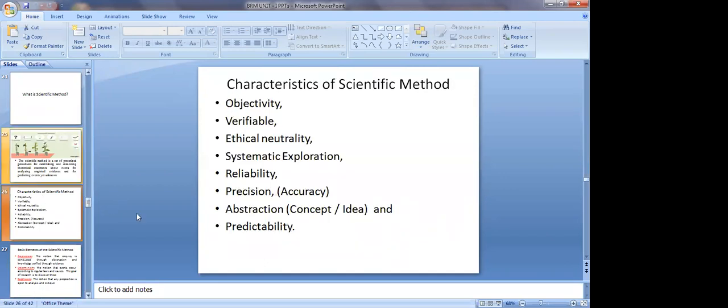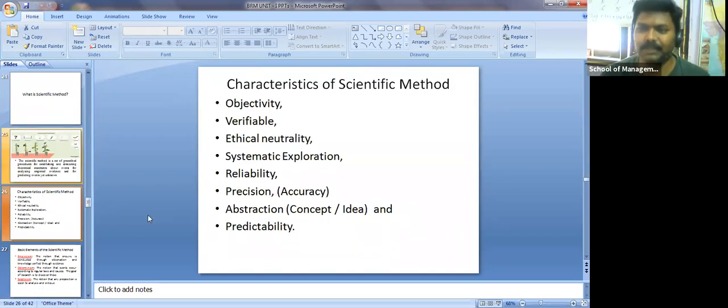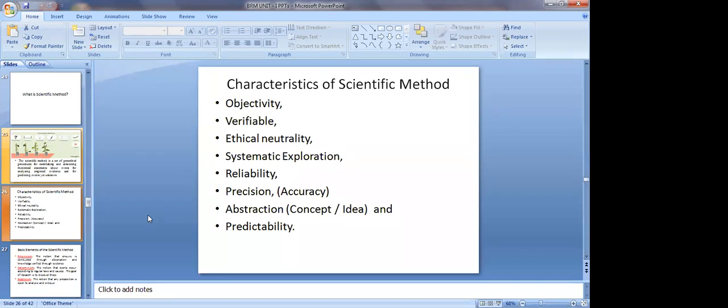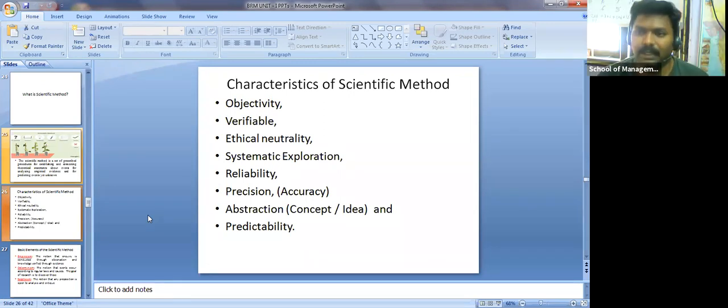Now let me explain the characteristics of the scientific method. As you know very well, the scientific method has a certain systematic procedure, and based on that we are going to show some empirical evidence, which is yet unknown, right? The first characteristic of the scientific method is objectivity. So what is objectivity here?